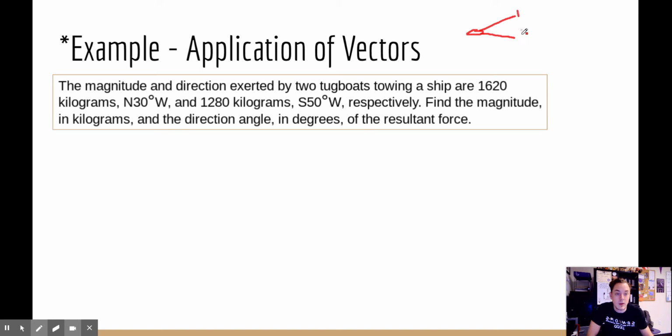This is tugboat 1, and this is tugboat 2, and they're tugging the ship that way. But this tugboat is on a different bearing than that tugboat. So they're on two different bearings and they're tugging it different ways, and yet it's still pulling the ship forward.